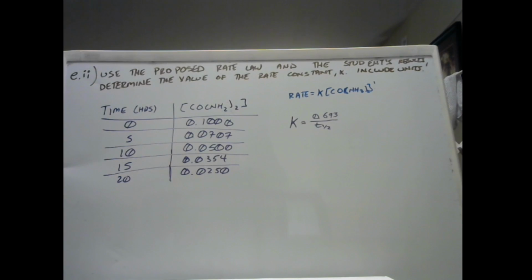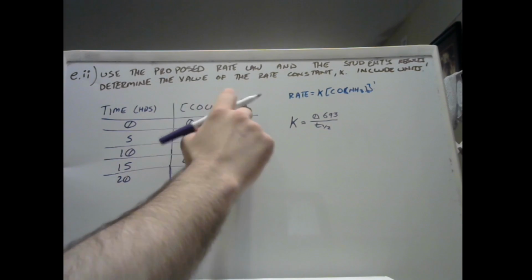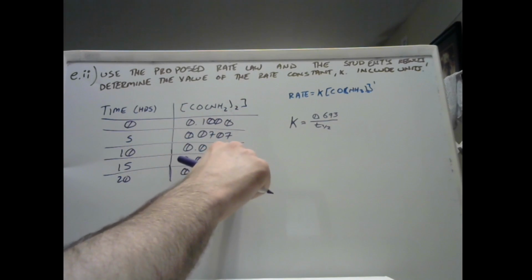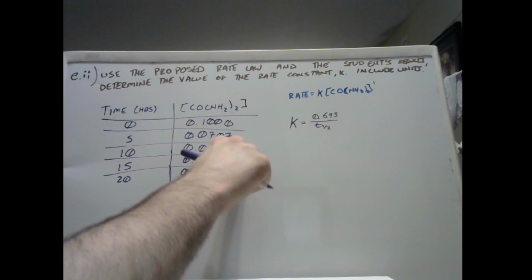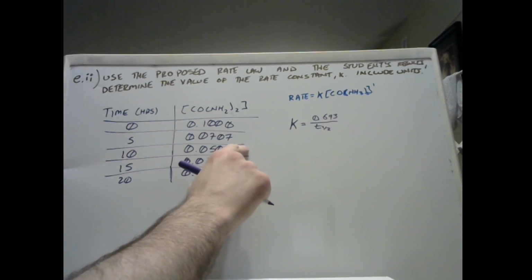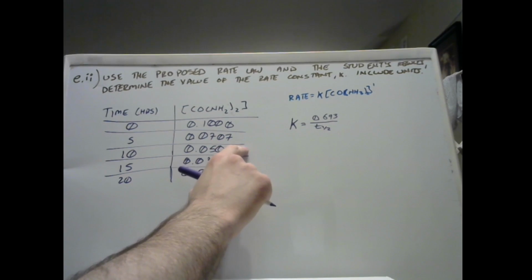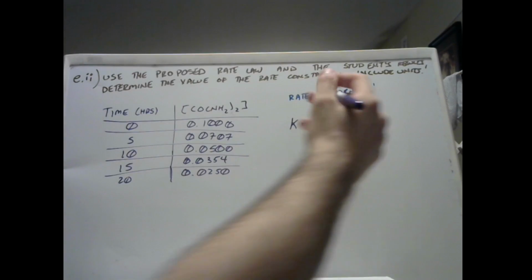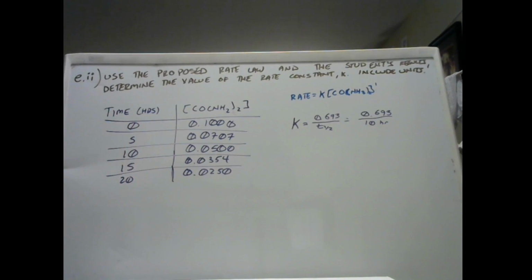So now we need to figure out how long it takes to halve. If we look at our table, we started with a concentration of 0.1. How many hours passed until we halved that concentration? Well, 0 to 10 tells us that it halved in 10 hours. And if we check again, it halved again in another 10. So it's 10 hours. Go ahead, solve that.